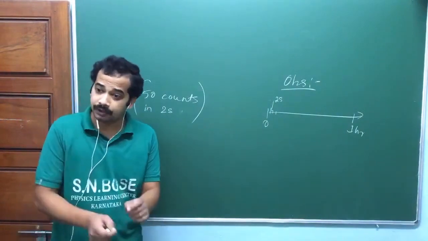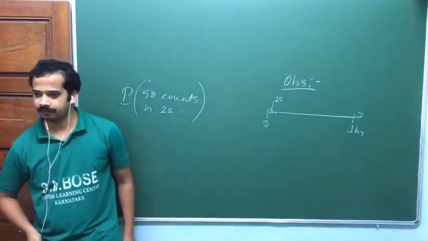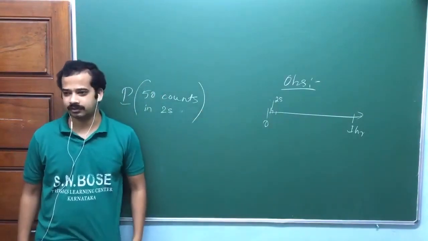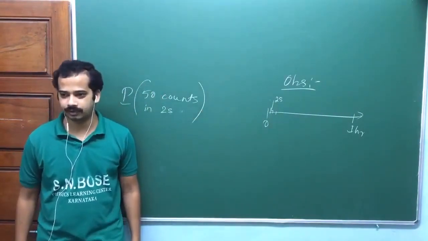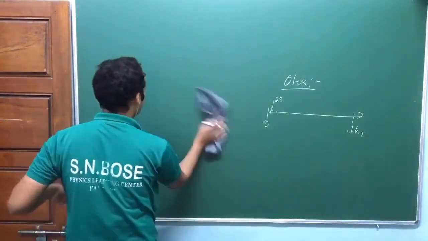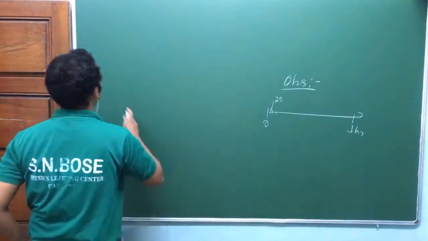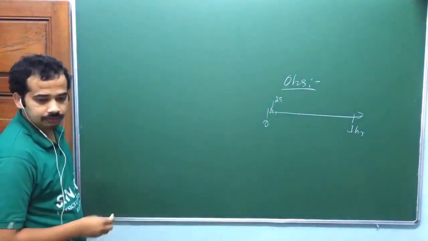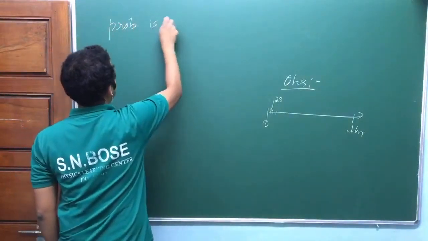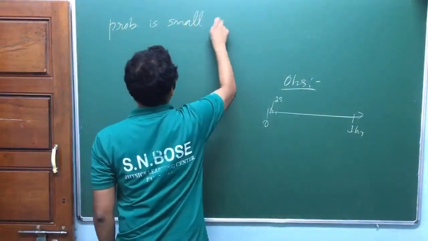To observe that, you may need to observe for a very long time. That's why we apply this whole idea of Poisson distribution when probability is small and constant.